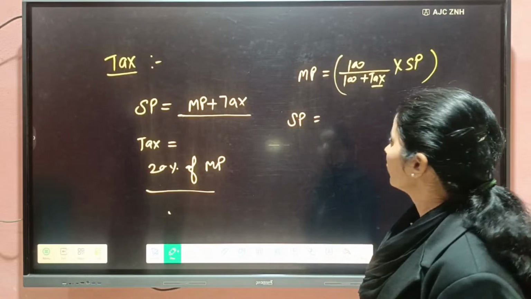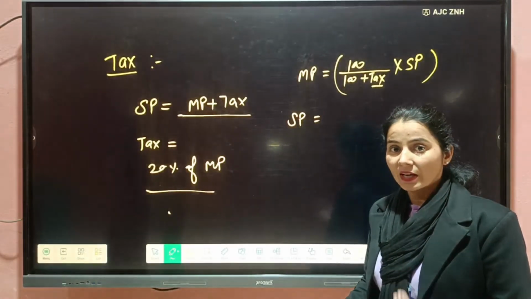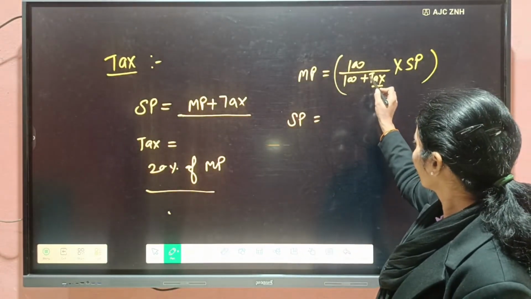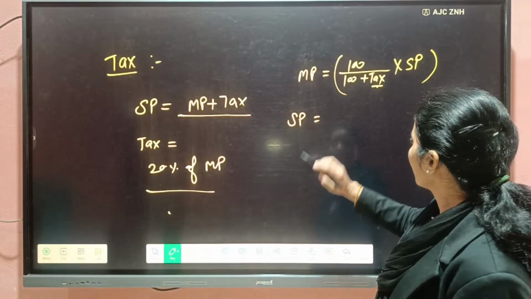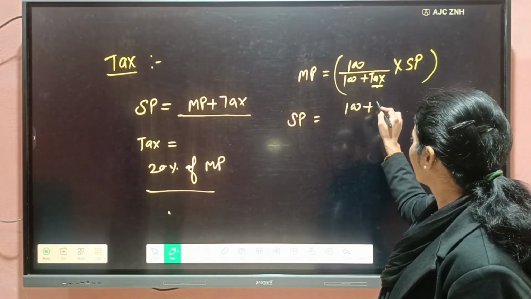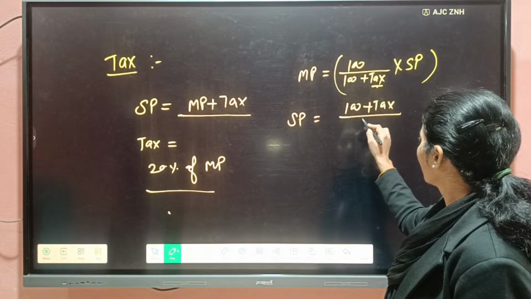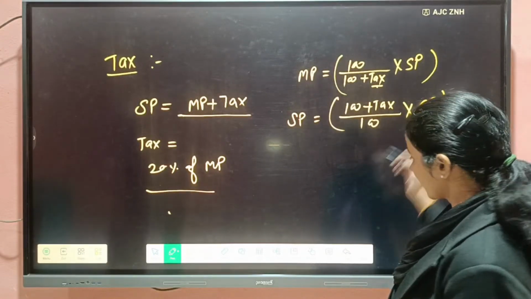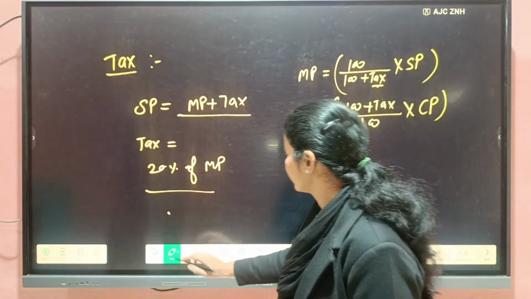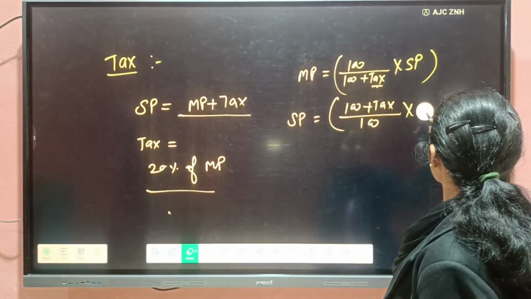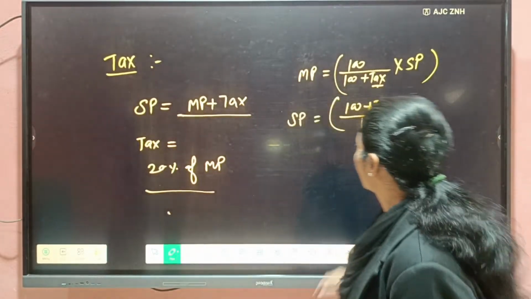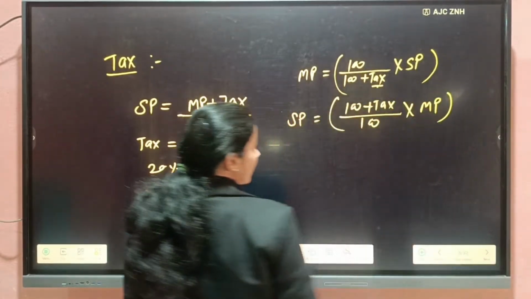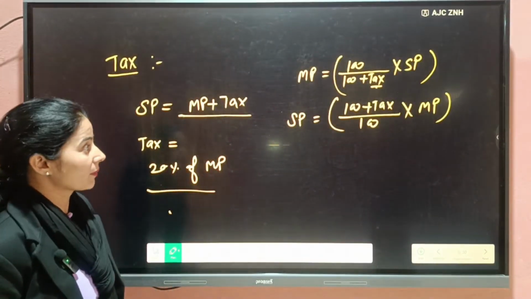Always you have to add, because this tax will be added to your marked price. So all time you have to plus tax. Selling price will be 100 plus tax by 100 into cost price. Cost price means it is similar to marked price only. There we will write marked price. Your selling price will be 100 plus tax by 100 into marked price.